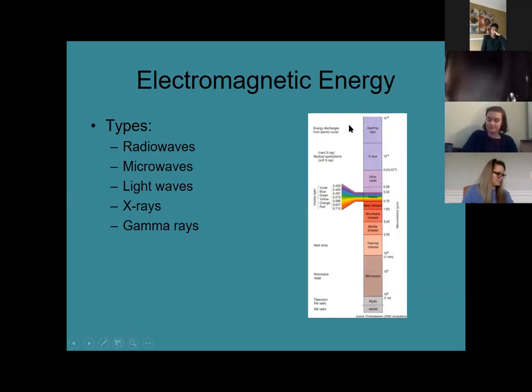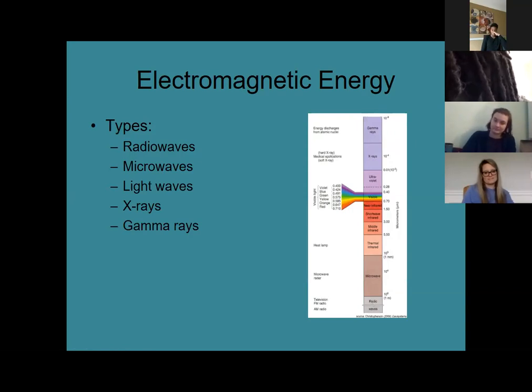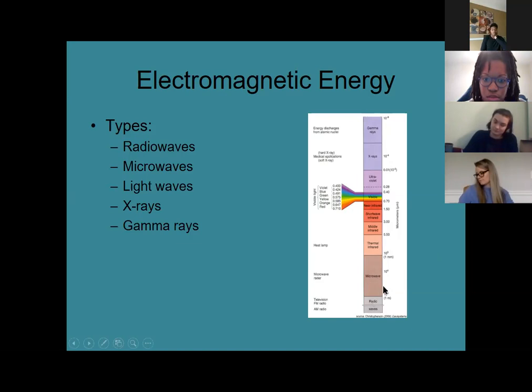X and gamma radiation, which are at the high energy end, are ionizing. They have enough energy to eject electrons from atoms. Visible, ultraviolet, these light waves can't ionize you, but they can certainly give you a sunburn. Thermal can burn the skin, obviously.